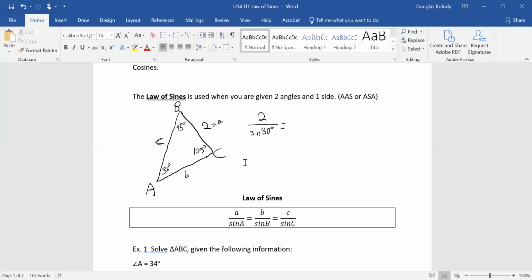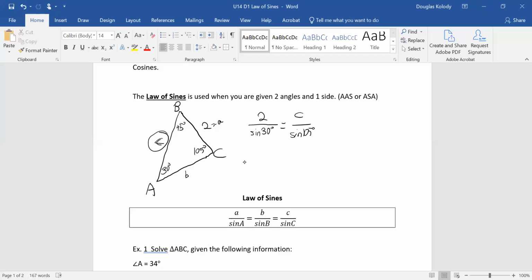So let's just say I want to find side c. Well, I could say side c divided by the sine of 105, the angle that's opposite that. I could create an equation right there.